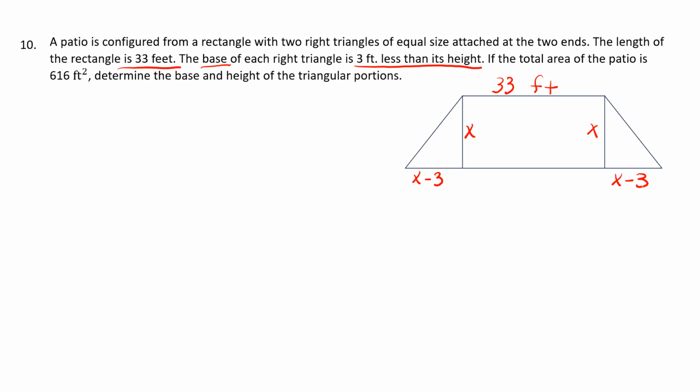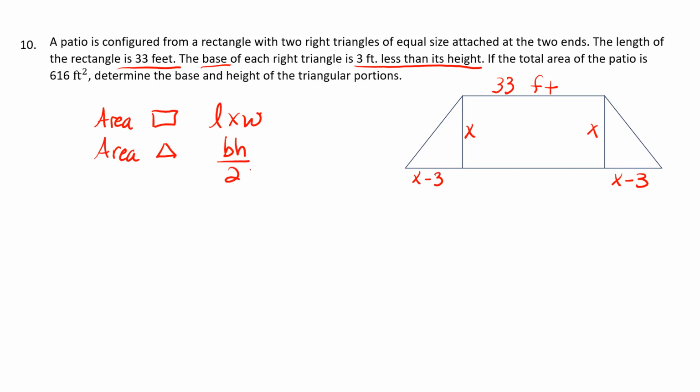So the first thing you need to know here is that the area of a rectangle is length times width. The area of a triangle is base times height over 2.